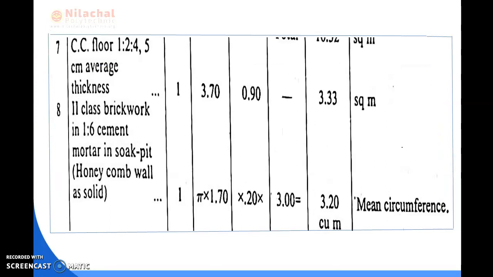We know the soak pit is a circular structure, so we need to calculate the area into height. So pi into the circular portion 1.70, into thickness 20 centimeter, which is 0.2, and height 3 meter, which is given here. The total quantity is 1 into pi into 1.70 into 0.20 into 3.00, which is equal to 3.20 cubic.